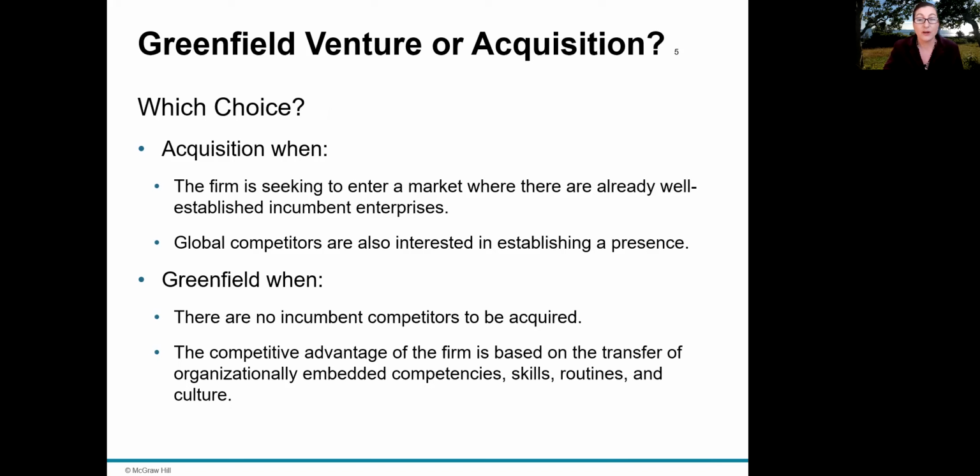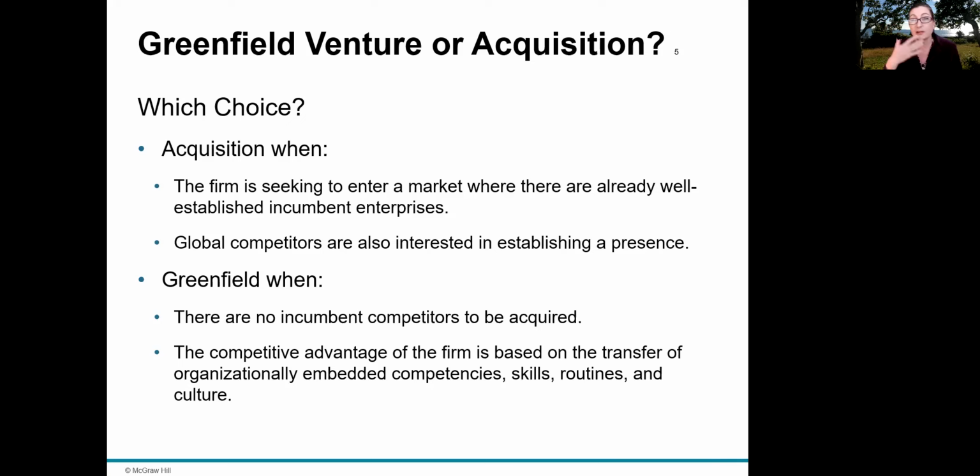Okay, so when do we acquire and when do we go the greenfield route? Well, acquisitions are a good idea when the firm is seeking to enter a market where there are already well-established competitors, and global competitors are also interested in establishing a presence, right? So acquisition is the relatively quick and easy option.